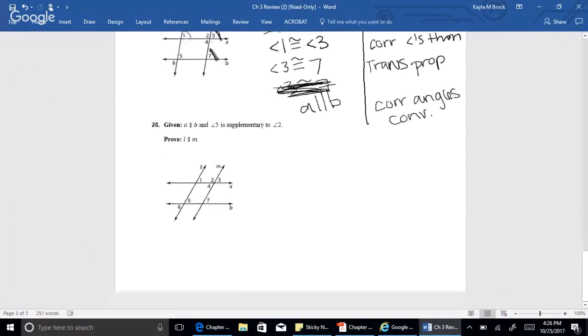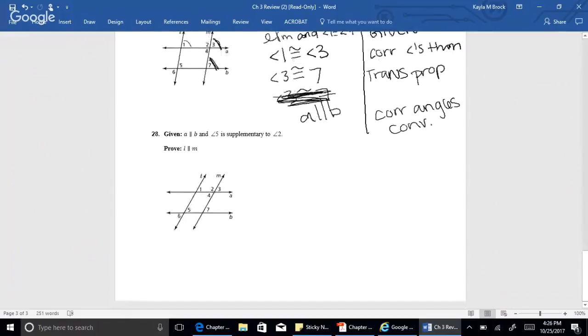Given A is parallel to B and angle 5 is supplementary to angle 2. So again, I'm just going to write an S for statements and an R for reasons.